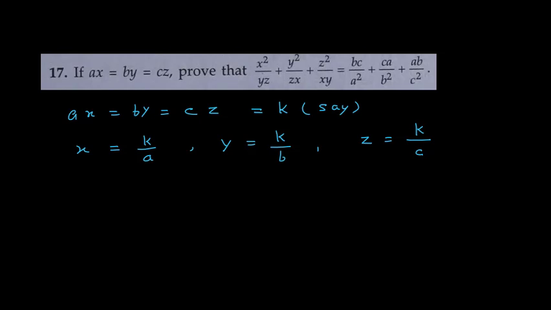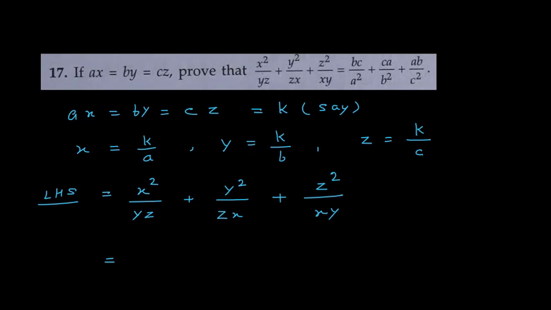Okay. So now let us discuss what our left hand side is. LHS is equal to x²/yz + y²/zx + z²/xy. So this x square, x I can write as k upon a.